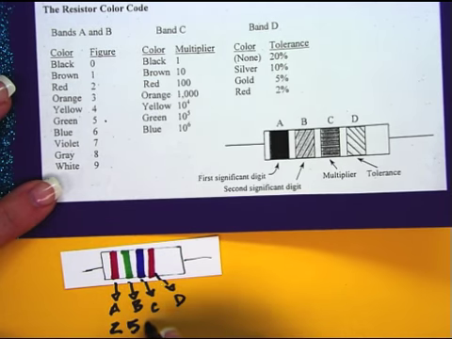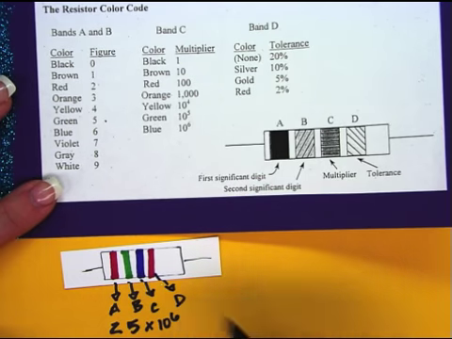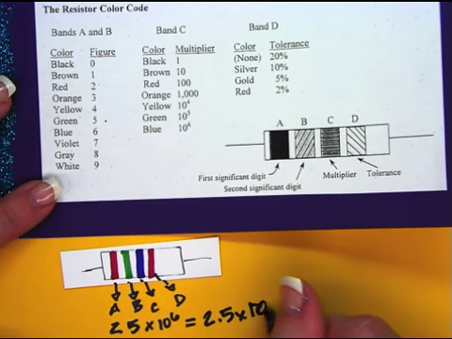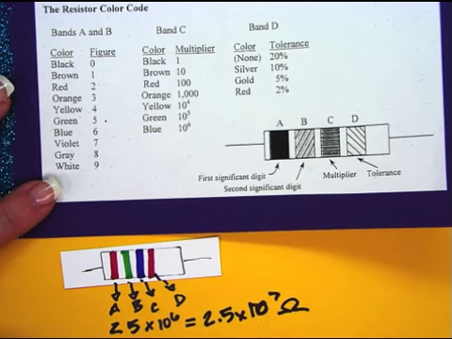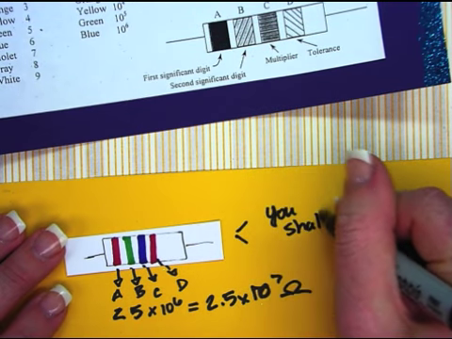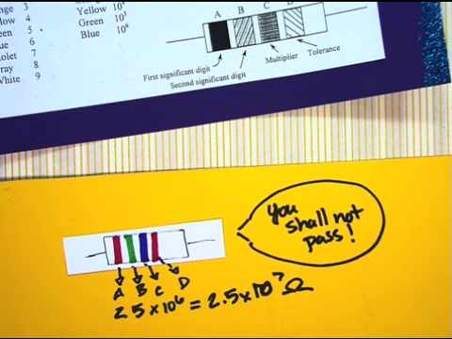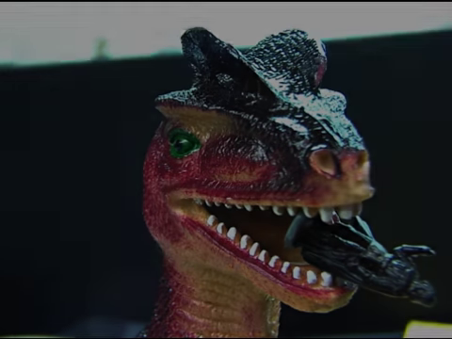A is our first digit, B is our second digit, C is the number that we multiply by, and D is our tolerance, which we don't really care about in this lab. Once we multiply that out, we get 2.5 times 10 to the 7 ohms. Basically this resistor is saying, you shall not pass.